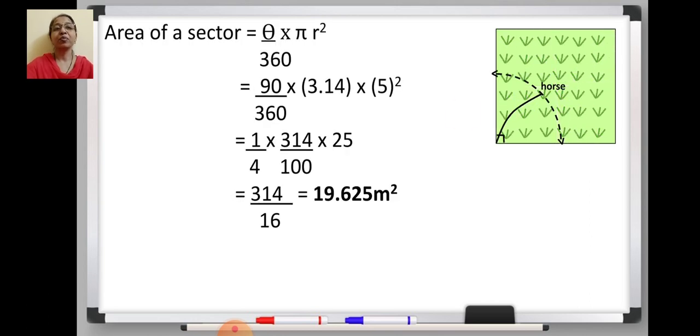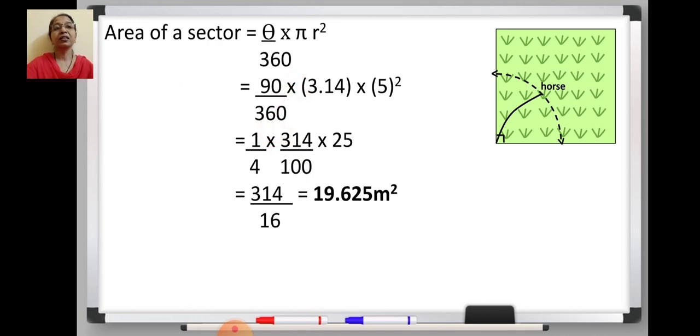Theta divided by 360 into pi r square. Theta is 90 degree because the field is square in shape, divided by 360 into value of pi is given 3.14 into radius, which is nothing but the length of the rope, 5 square.